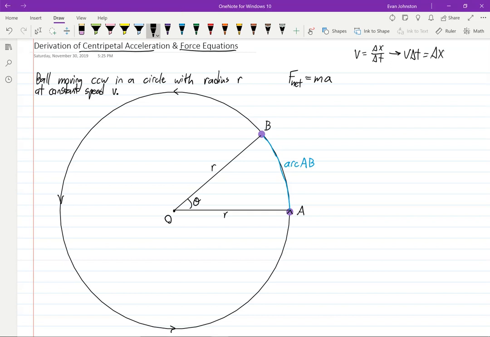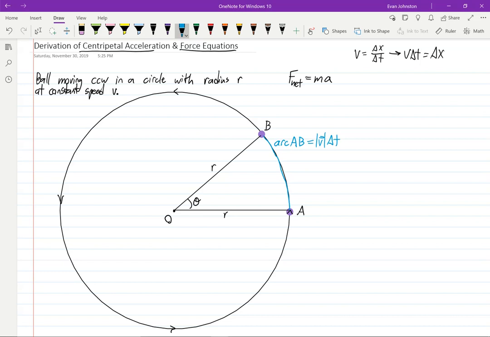In our case, this arc is equal to the size of the velocity, because the velocity has a direction part too, multiplied by how long it took. So really this is just saying distance is equal to velocity times time. That's how far the ball has been displaced, and however long it took to get there.